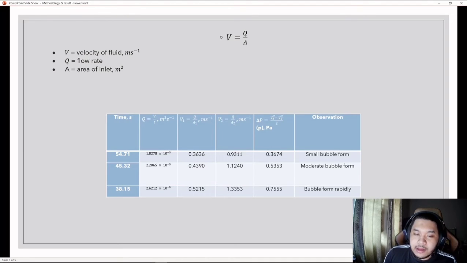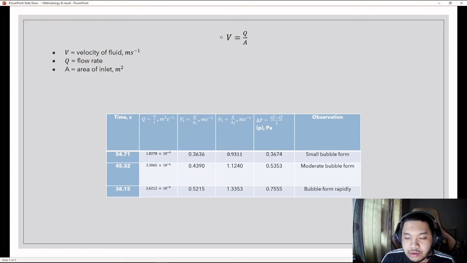From the observation below, we can see that at 1 full rotation, only small bubbles form inside the aerator, but at 2 full rotations of the pipe, moderate bubbles form in the aerator. And lastly, at 3 rotations of the pipe, the bubbles form rapidly inside the aerator.